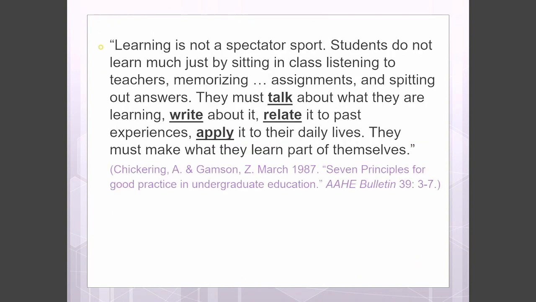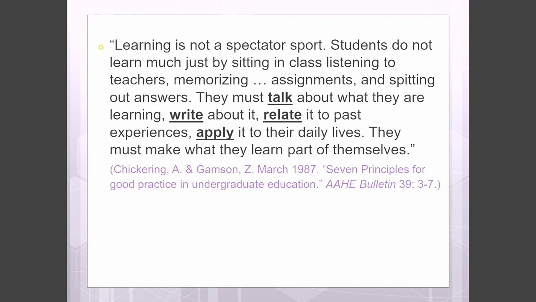And then this one is a very short four-page article in a bulletin back in 1987, where Chickering and Gamson took a whole bunch of research on undergraduate education and discovered that the best way for students to learn is to do it actively.